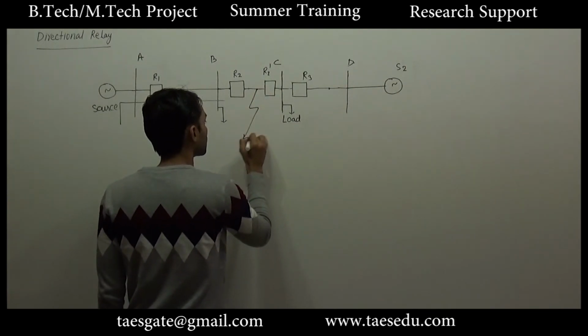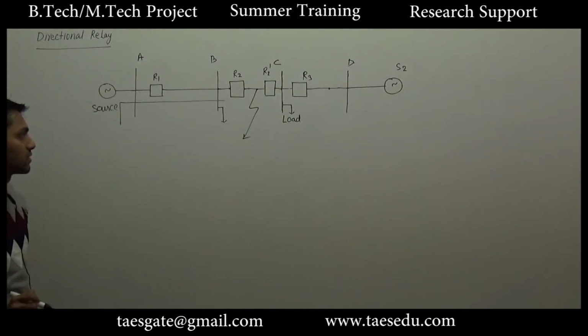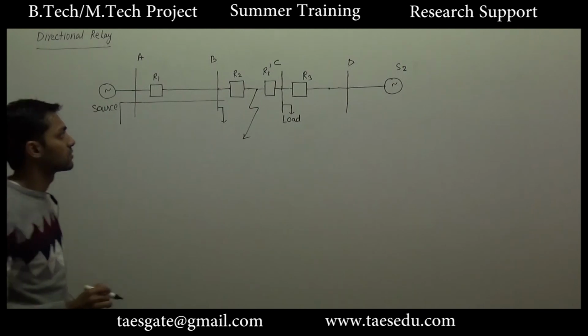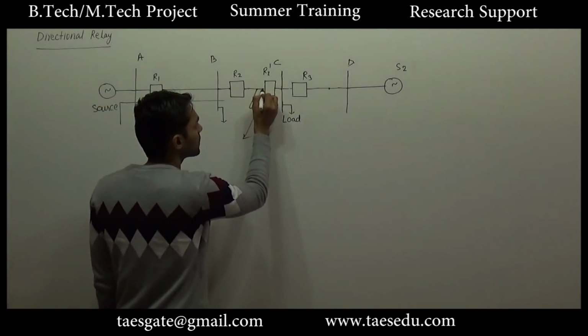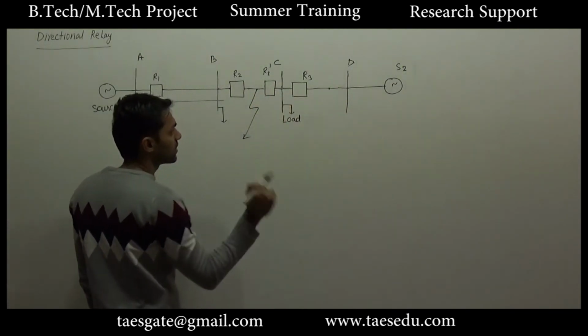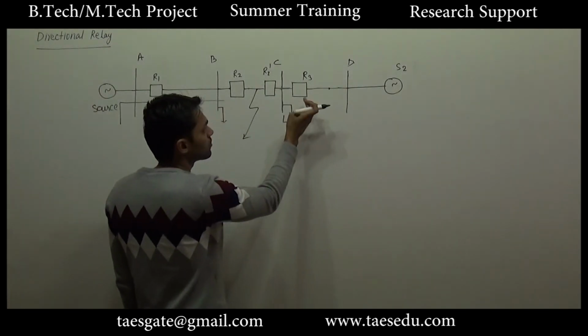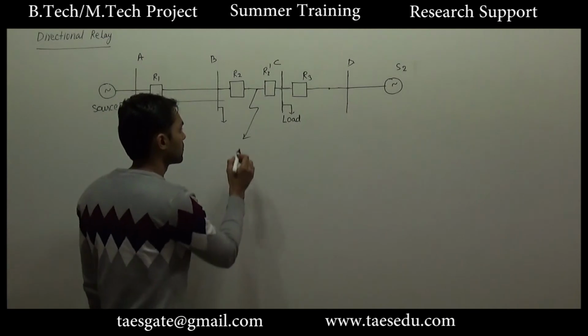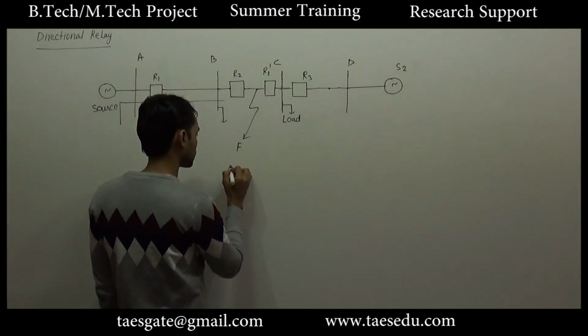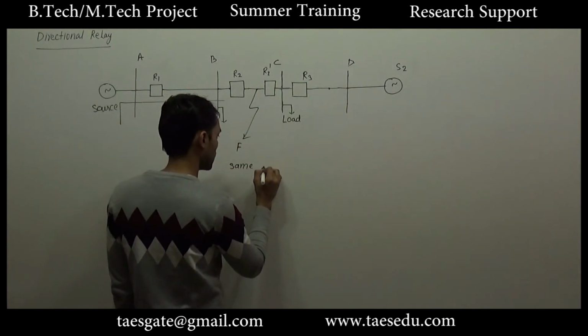So now it seems that our problem has been solved. But again a problem here is, if there is a fault at this point, the same fault current will flow through R3 and R2 dash.